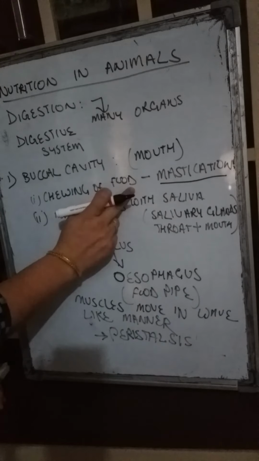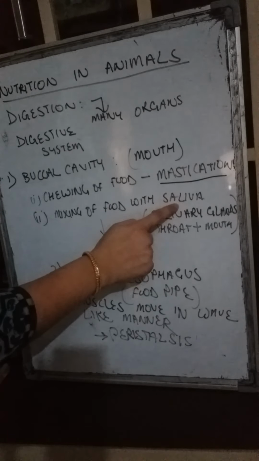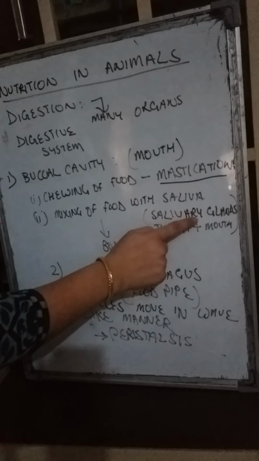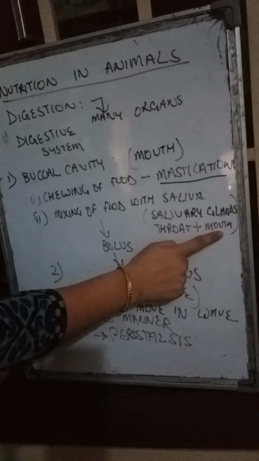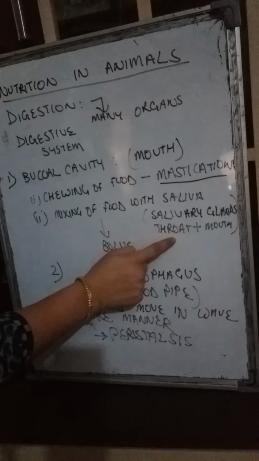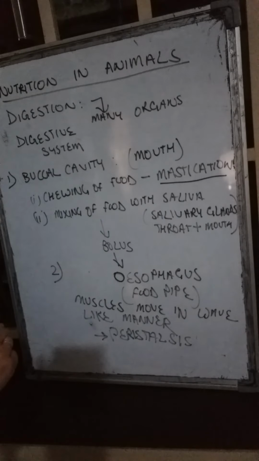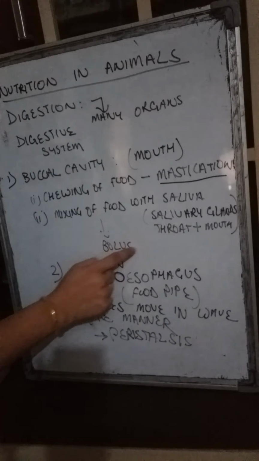Then, when the food is chewed up, it gets mixed up with saliva. Saliva is produced by salivary glands, and these salivary glands are present in the throat also, and in the mouth also. They produce an enzyme, saliva, which mixes with the chewed food and converts the food into bolus.